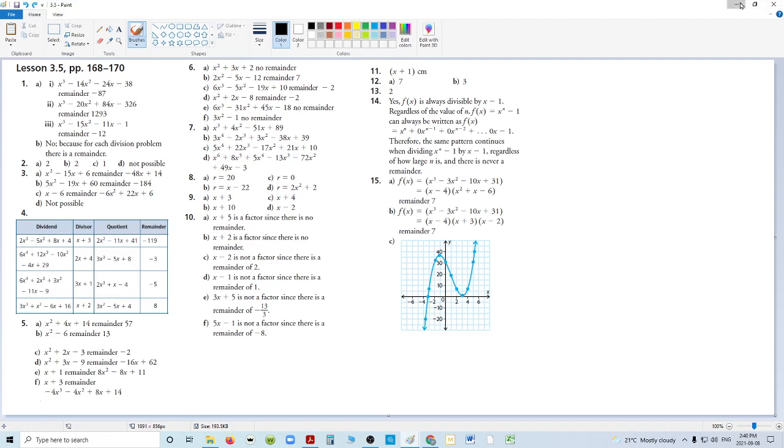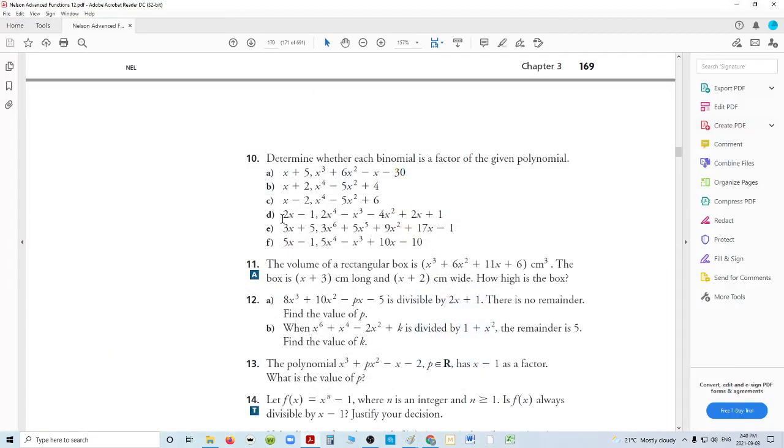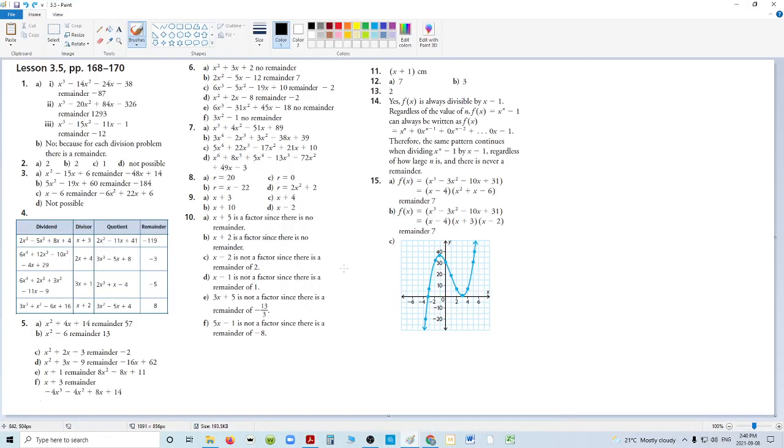It's not 3x plus 5. Oh, no, I did D. So D says nope, not a factor. But it says x minus 1. That's weird, because that's not what I was looking at. It was 2x minus 1. So a little error there.